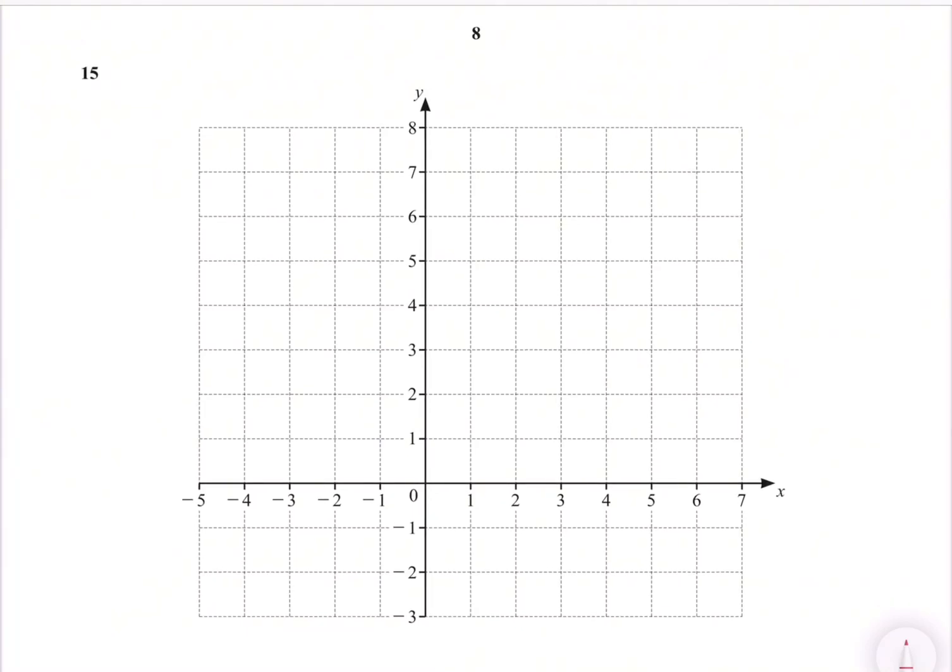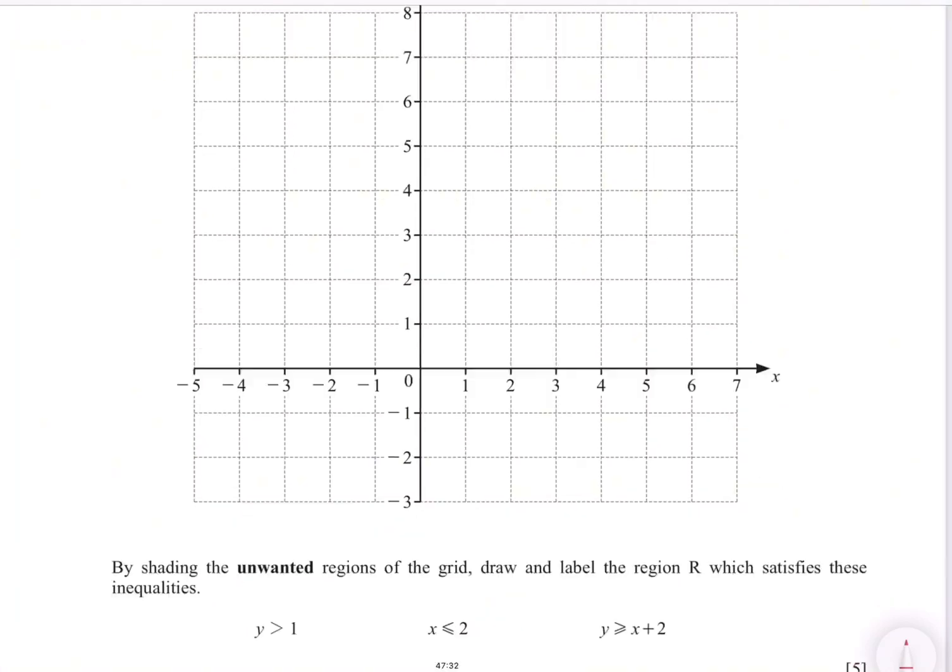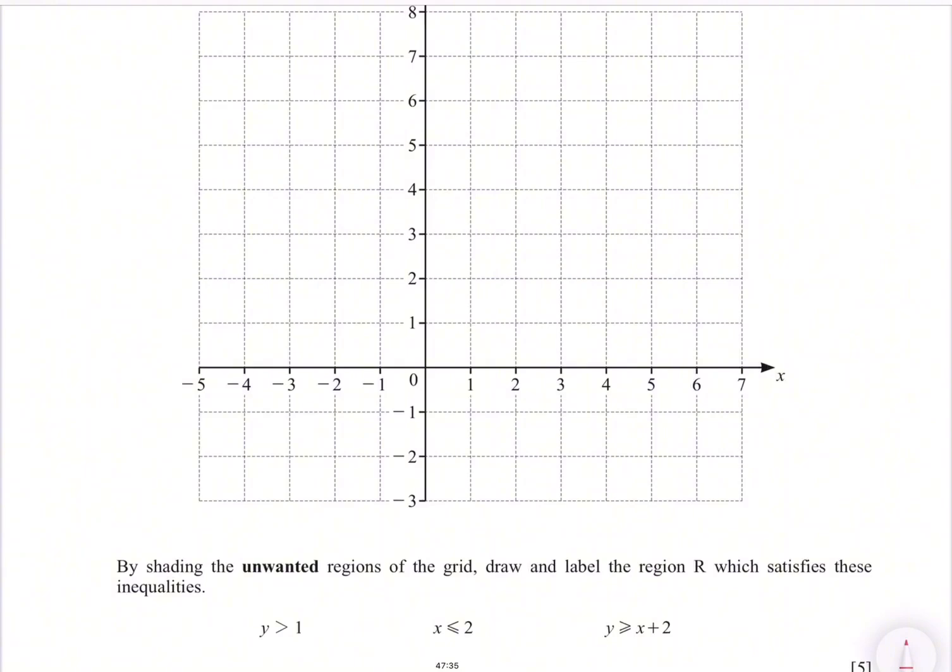Question number 15. y is greater than 1. By shading the unwanted regions of the grid, draw and label the region R which satisfies these inequalities. So y is greater than 1. This is a dotted line, this red dotted line. Actually, this is y equals 1, and the inequality says y is greater than 1, so it should be dotted.